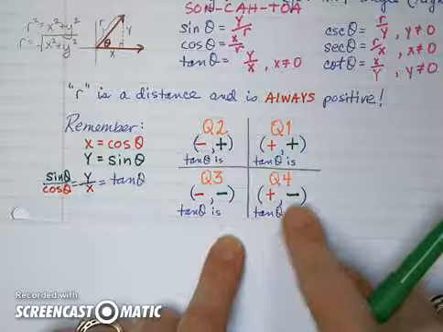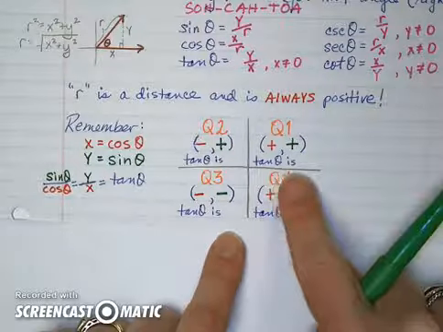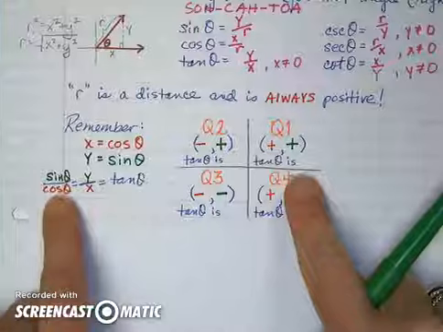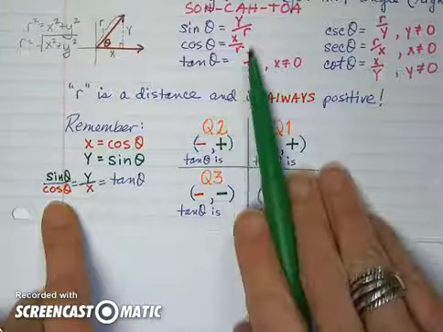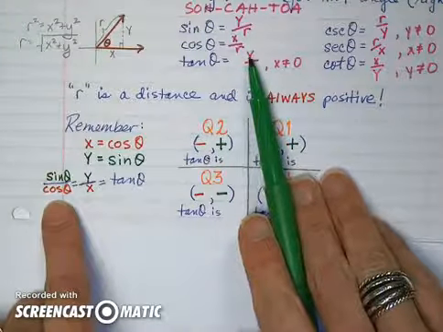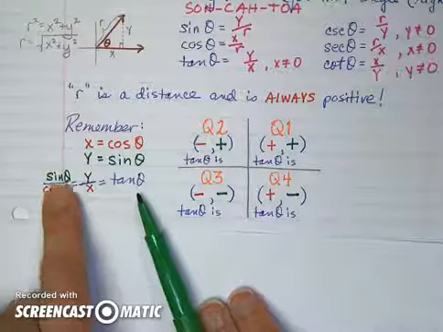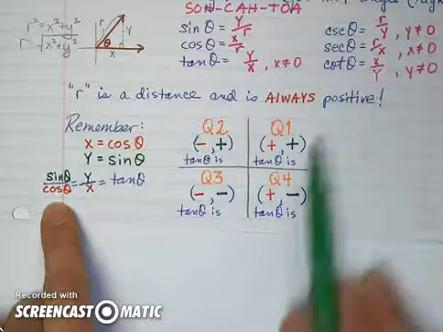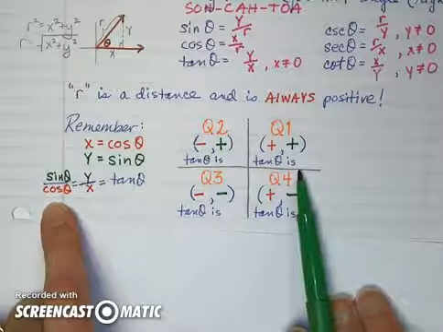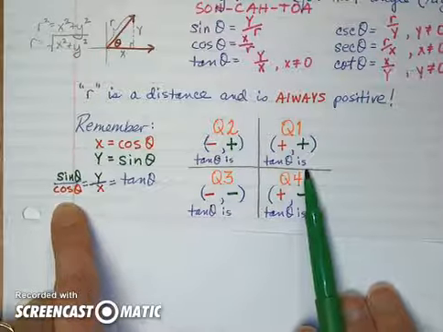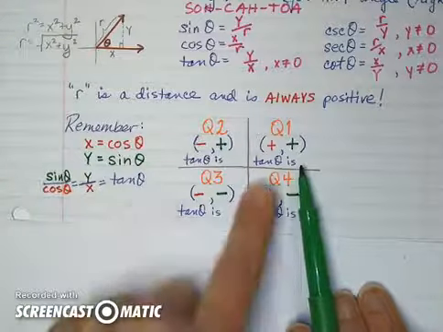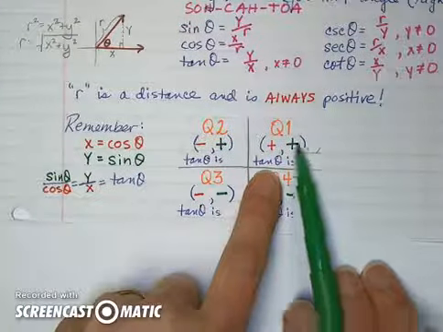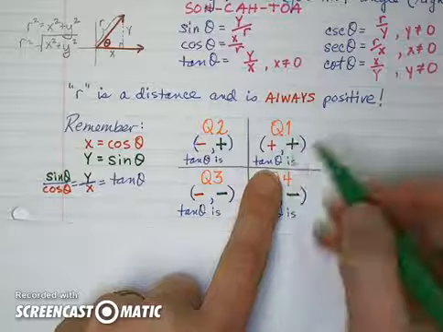Now let's talk about the tangent. Tangent, remember, is sine over cosine, and we can prove that with these values up here as well. But you need to remember tangent is always sine over cosine, therefore cotangent would be cosine over sine. But let's talk about the signs of tangent within the quadrants. If tangent is sine over cosine, positive divided by positive is positive.